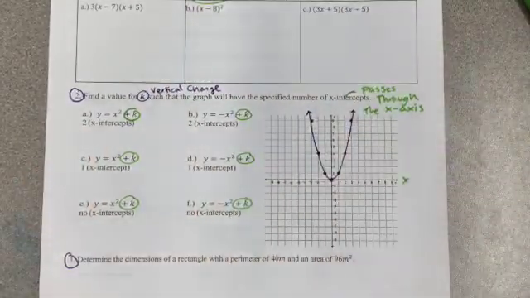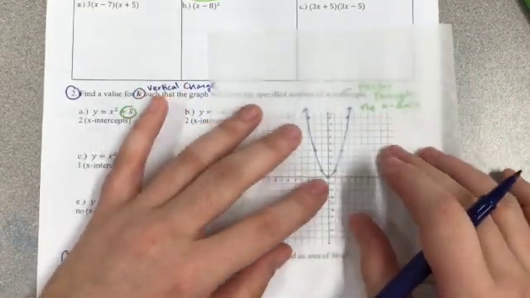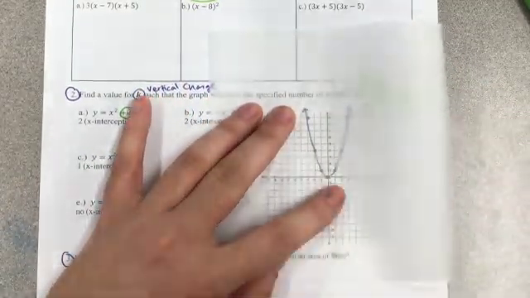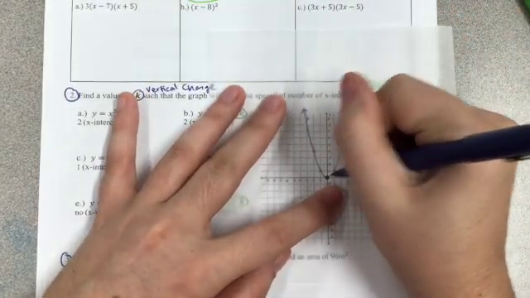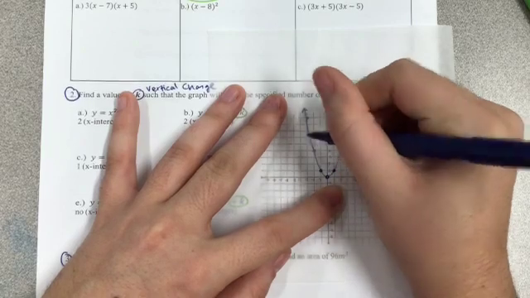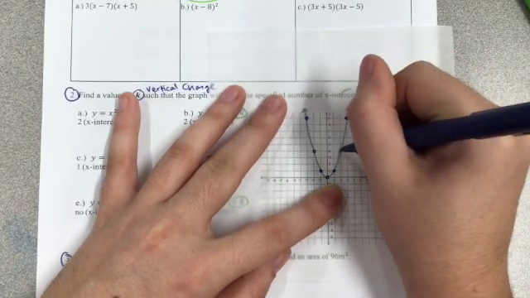So I'm going to use a tool. This is called patty paper. Patty paper is used to trace something and then we can move it around. So I'm just going to trace my parent function here. You don't have to do this part, just watch along.